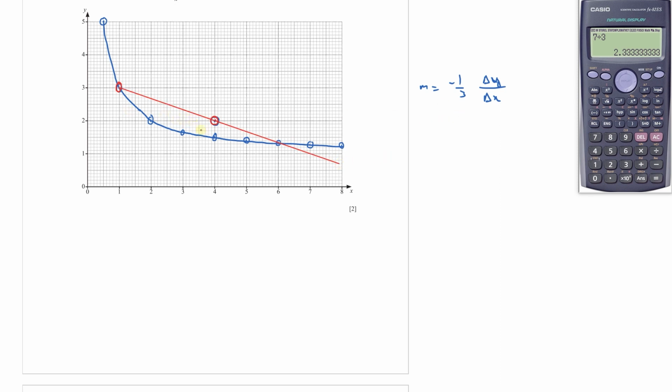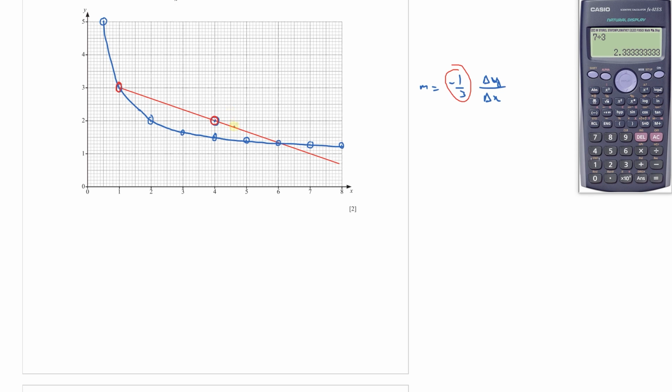So using the gradient, you actually found the other point on the line directly using delta y over delta x. Negative 1 in y and positive 3 in x. So if you find the gradient using these 2 points or any other points on the line, you will get this given gradient in the question.